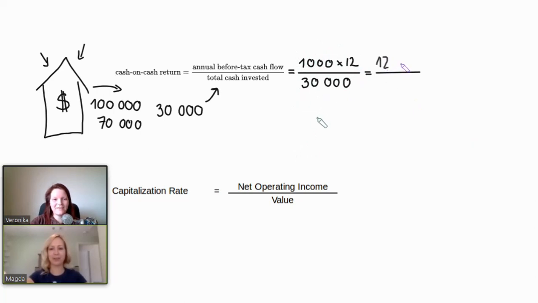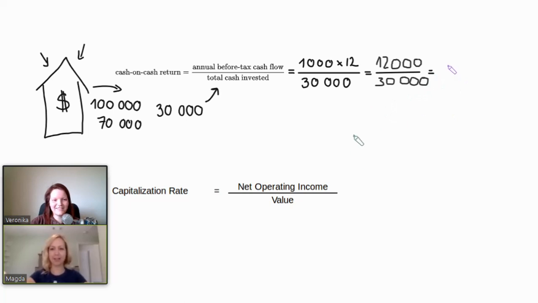Okay, so we'll have 1,000 times 12, 12,000, and then we'll divide by 30. Great work with the mouse. I'm using a graphical tablet, so it comes with that kind of pen. So my handwriting might seem a little bit better, but actually yours is not that bad.